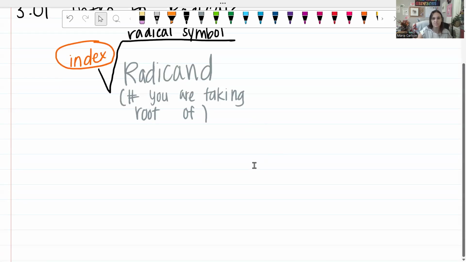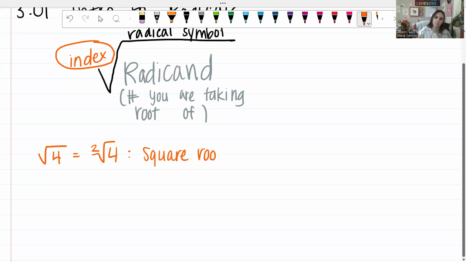Looking at some specific examples, we are very well aware of just a plain old square root of 4. Like there's an invisible 2 there. So this is a square root, and it can be, again, any number underneath that radical.